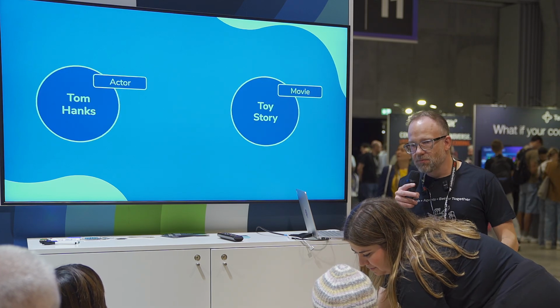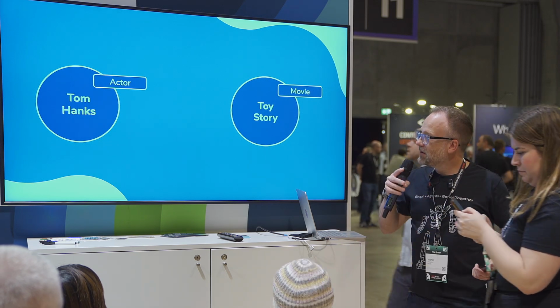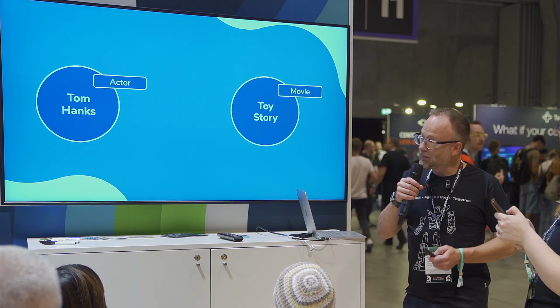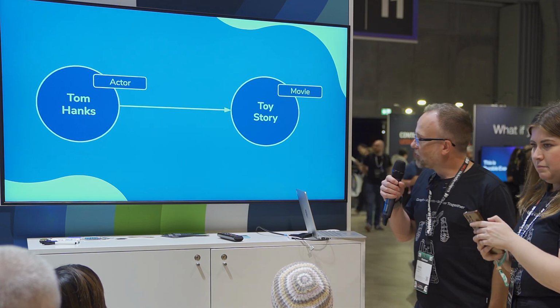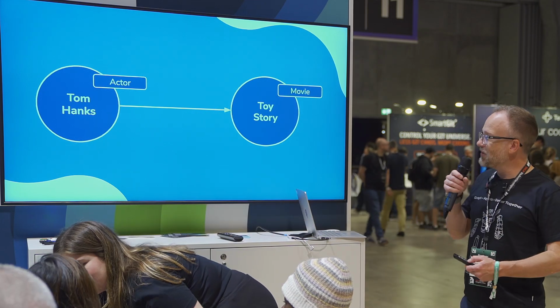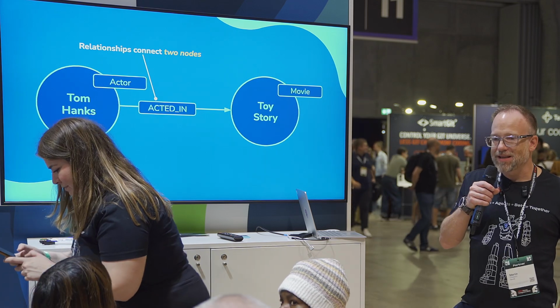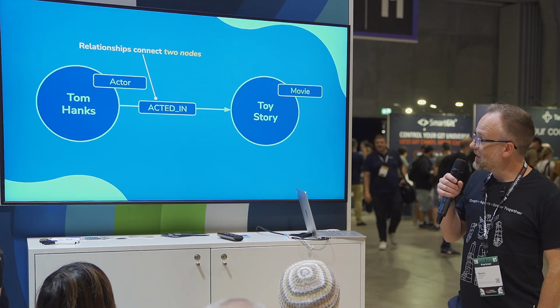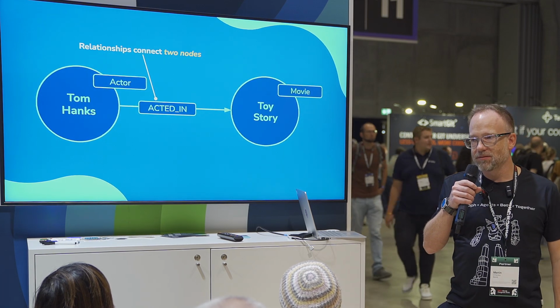Where graphs become powerful, where the real value is, is in the relationships between nodes. So we have another node called Tom Hanks, who is an actor. We have the movie Toy Story, and there is a relationship between them. That relationship has a type, in which case Tom Hanks acted in the movie Toy Story.